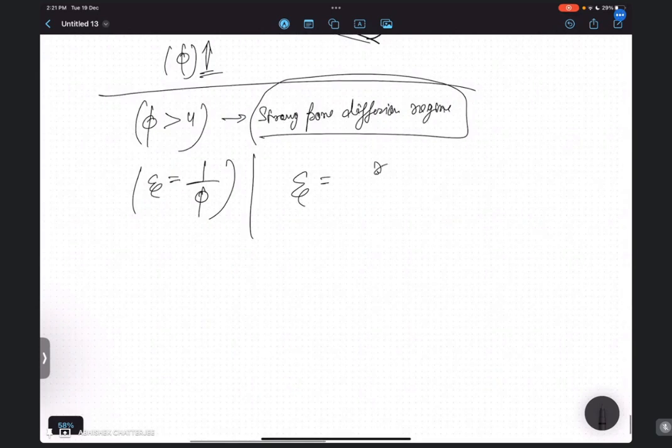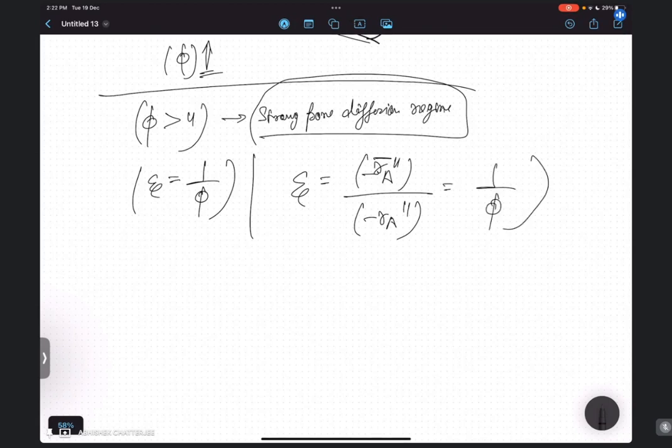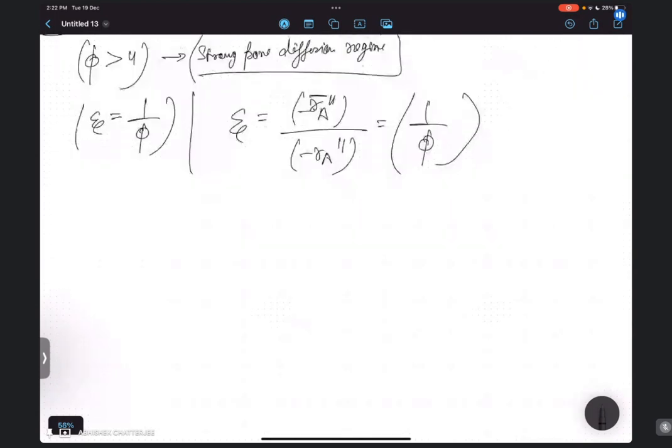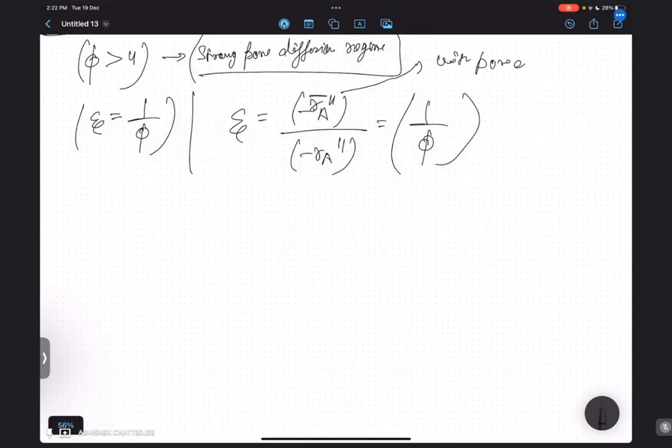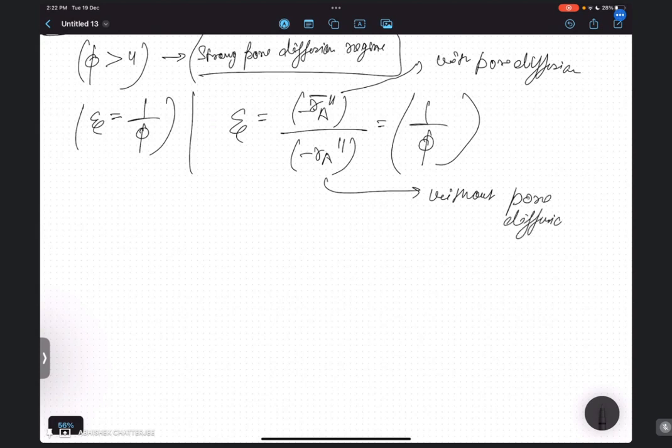अब एक चीज ध्यान से समझना, एक्चुअली में इफेक्टिवनेस फैक्टर था क्या, वो था -RA double dash bar divided by -RA double dash. Your effectiveness factor was this. If this effectiveness factor is actually equal to 1 by phi, okay, now please understand one thing, this -RA double dash bar is with pore diffusion, and this is without pore diffusion.